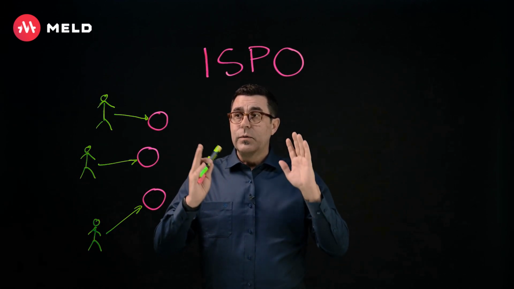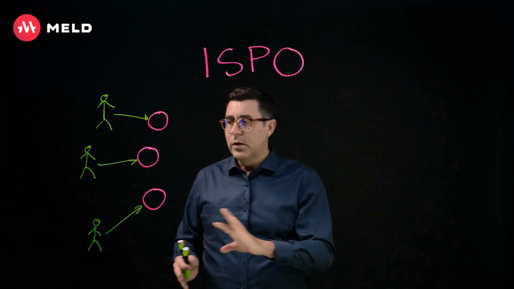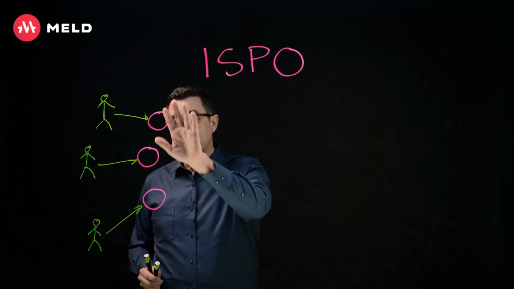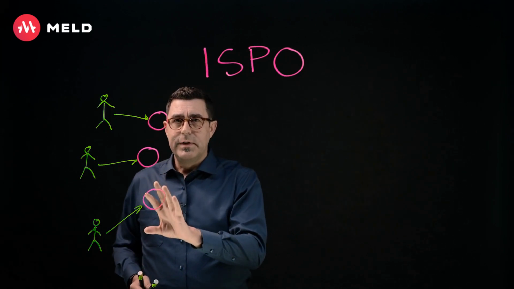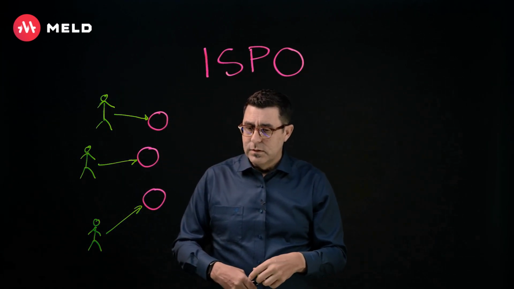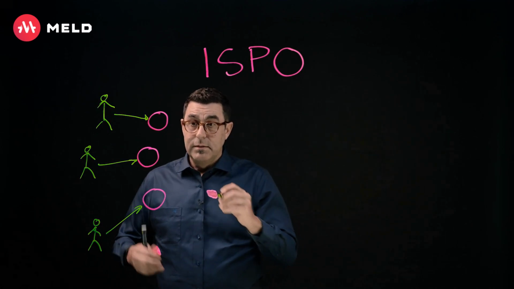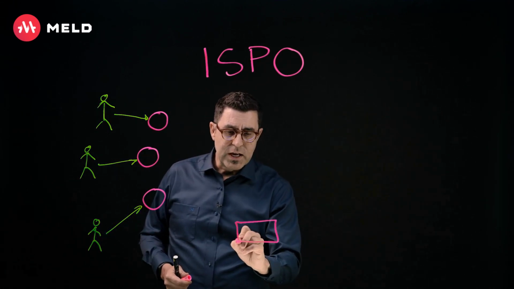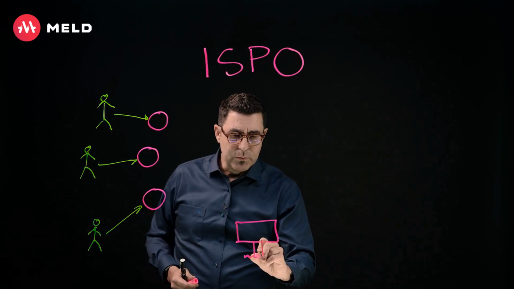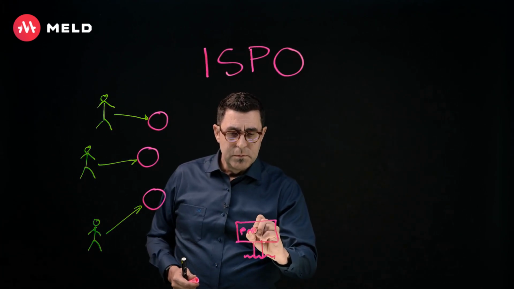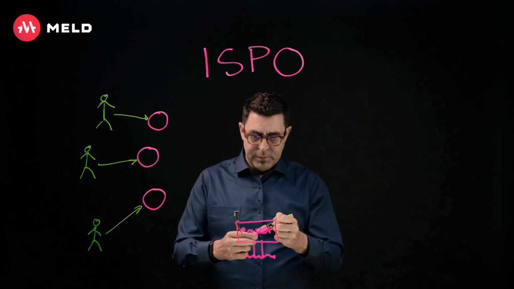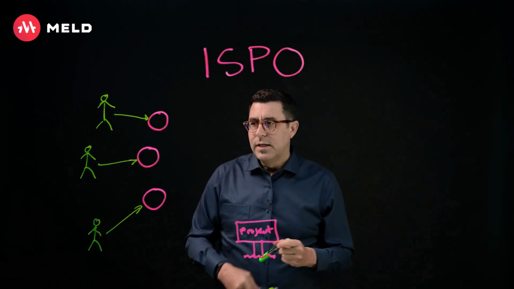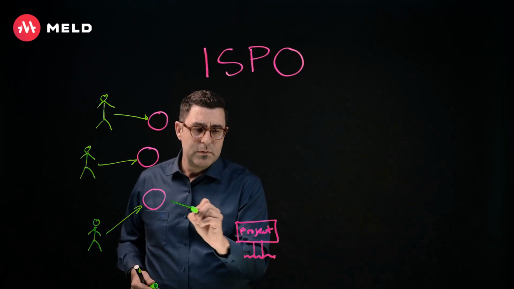But in an ISPO, it's a bit different. In an ISPO, people stake their tokens to the nodes, but they don't generate a yield. The yield is going to be generated as it normally is, but the project that is doing the ISPO, this project is going to get all of the yield.